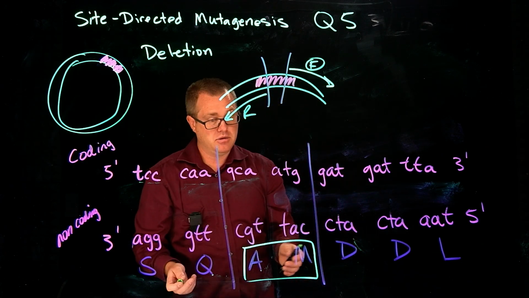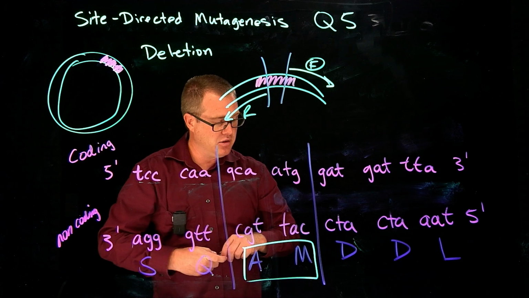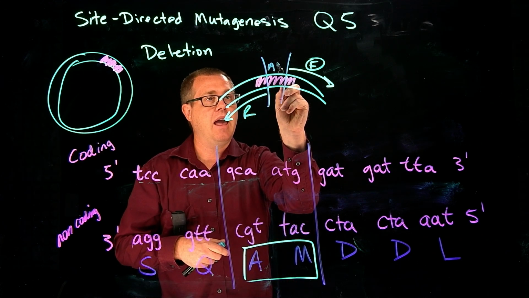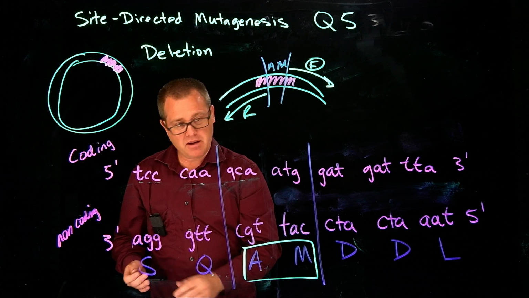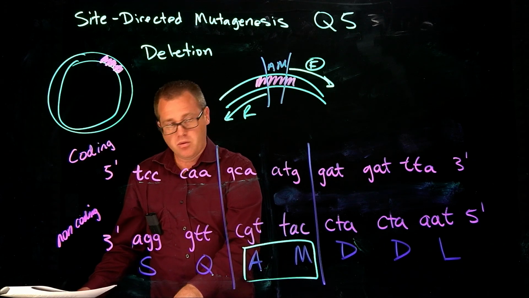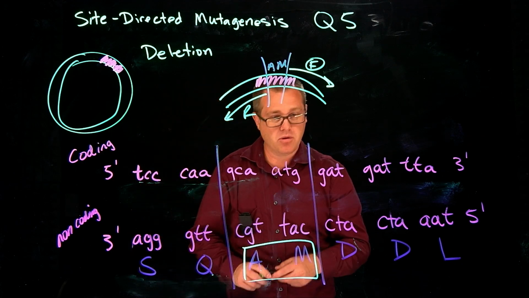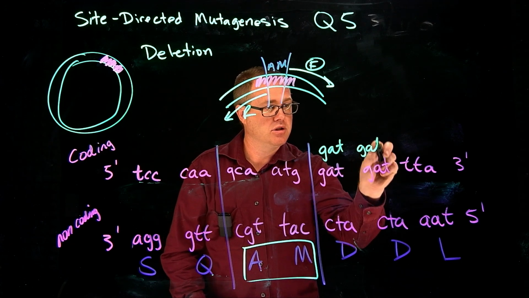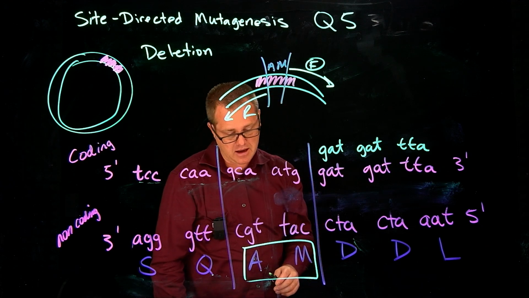And so if we just do that based off of this little diagram here, this little inside here would be our A and our M. And so the primers that we would have to design would just go on this line right here. So our forward primer would be GAT, TTA, like that.